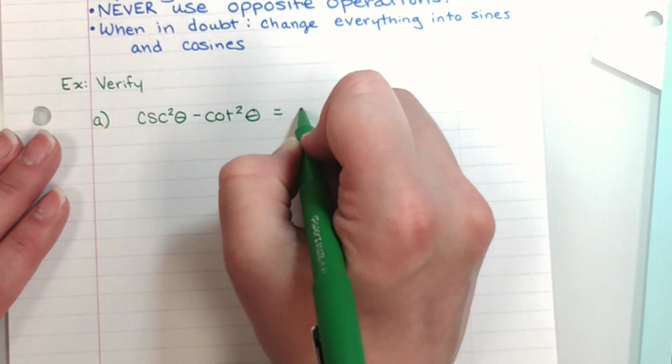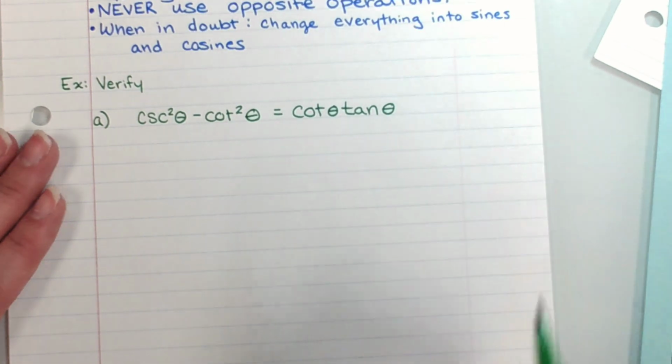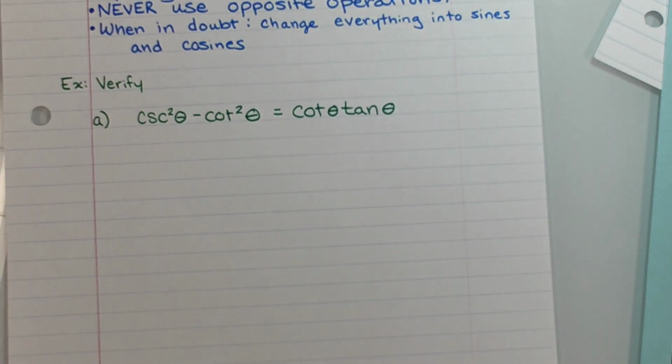They'll have two that are equal to one another. So you'll see things along the lines of cosecant squared theta minus cotangent squared theta equals cotangent theta tangent theta.